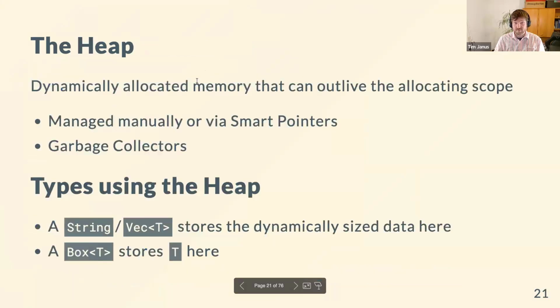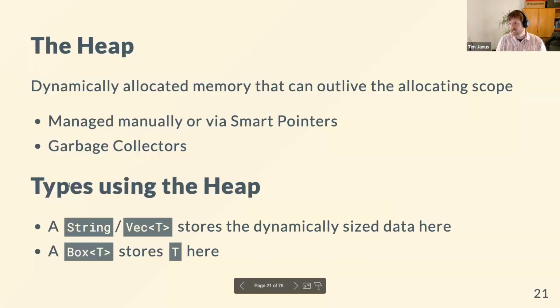And the heap is more for really dynamic memory when it has to outlive a scope. And it is either managed manually, often in the C programming language, or in newer standards, there is a standard library with so-called smart pointers. Or in other languages, often systems like garbage collectors are used that free up the memory when there are no references to this memory anymore.